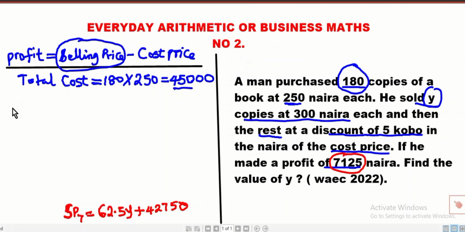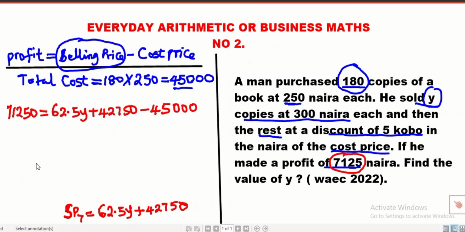I will say that the profit is 7,125, which is equal to 62.5Y plus 42,750, then minus the cost right now, 45,000. So this is the whole of the equation that we were able to interpret from the whole question.